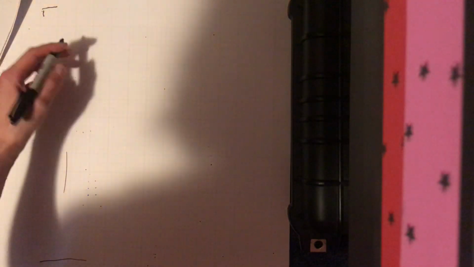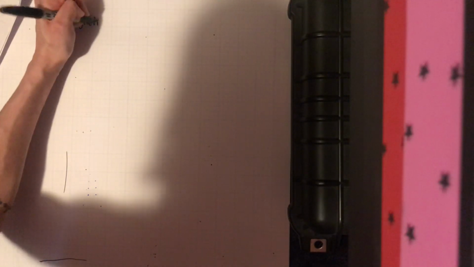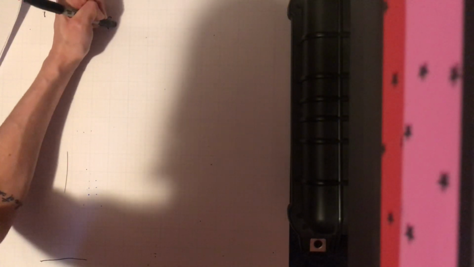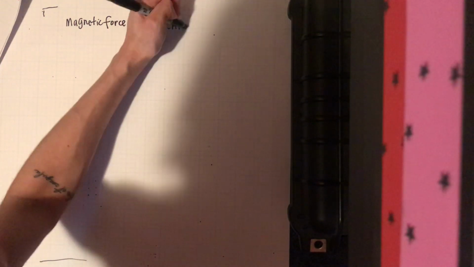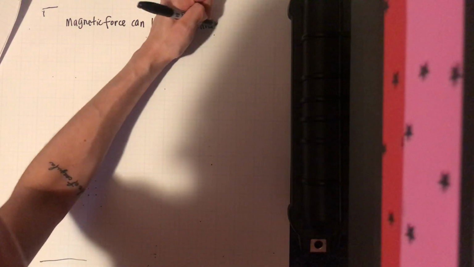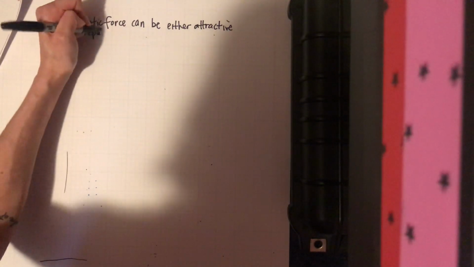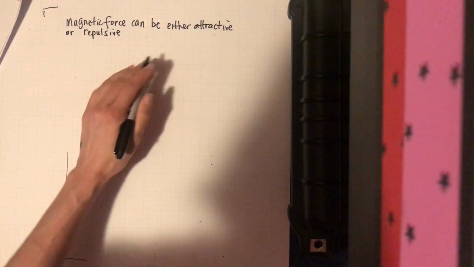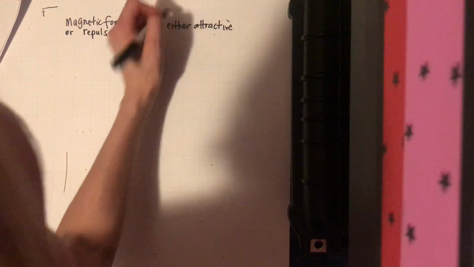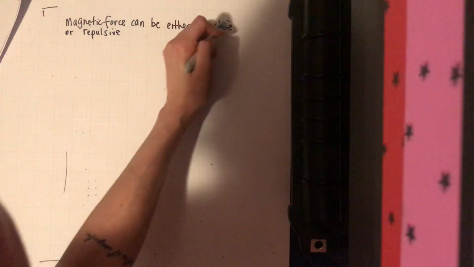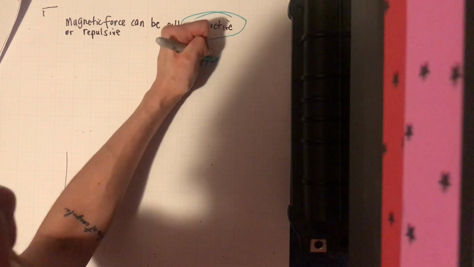So at the beginning of the unit, we said that the magnetic force can be either attractive or repulsive. This is very similar, as I mentioned, to the electrostatic force in the sense that it will be an attractive force when we have opposite poles in contact with each other.